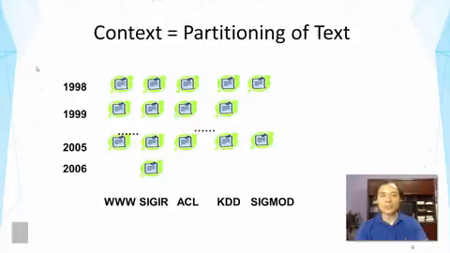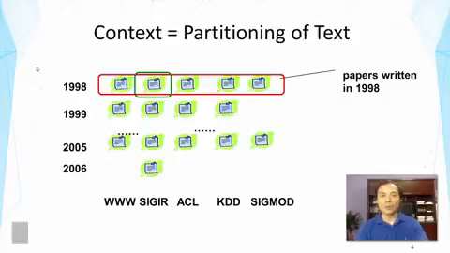But let's see how we can partition data in interesting ways. First, we can treat each paper as a separate unit. So in this case, a paper ID and each paper has its own context. It's independent. But we can also treat all the papers written in 1998 as one group.